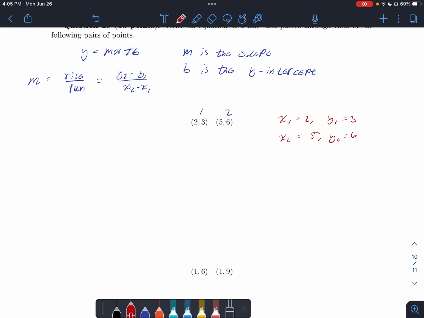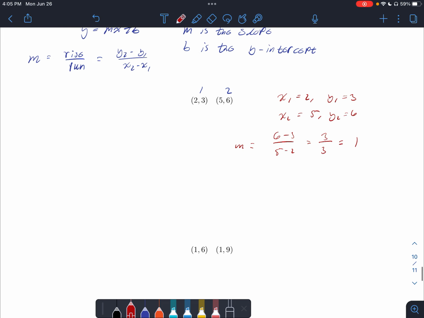Okay, so now all we have to do is plug those into this formula to get our slope. Okay, so we have y2 minus y1. We'll say m is equal to 6 minus 3 over x2 minus x1, 5 minus 2. So we have 6 minus 3, that's 3. 5 minus 2 is also 3, or just our slope is 1.